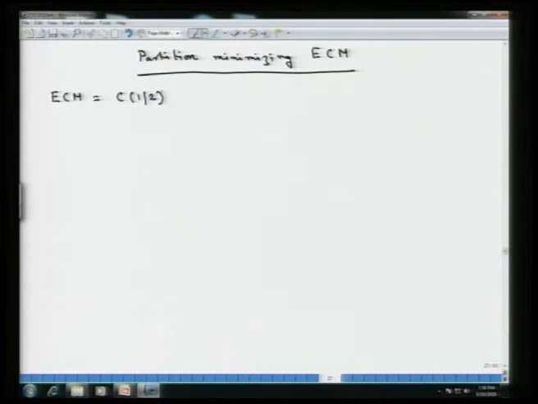This is the cost attached to such an event, the cost of misclassifying an observation coming from 2 into 1, and the corresponding probability would be given by P2, P1 given 2. This plus the cost we incur in misclassifying an observation coming from 1 into 2, times the corresponding probability, which is given by this expression, where these we had defined earlier.